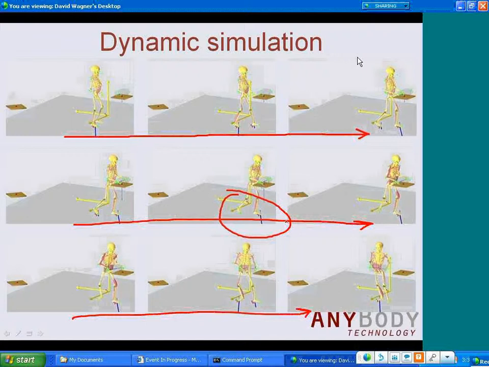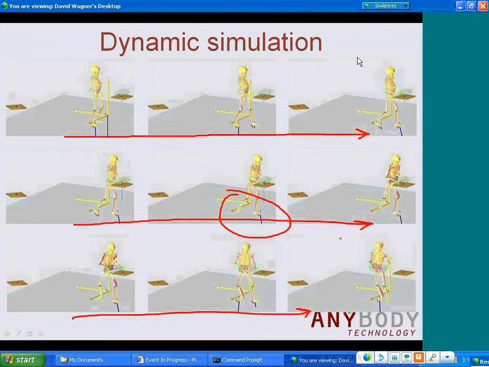Potentially, not to give it away, a dynamic analysis would be more appropriate here because we're standing on one leg. There's definitely motion as the person is picking up the box. So I think we may be heading in the right direction here.